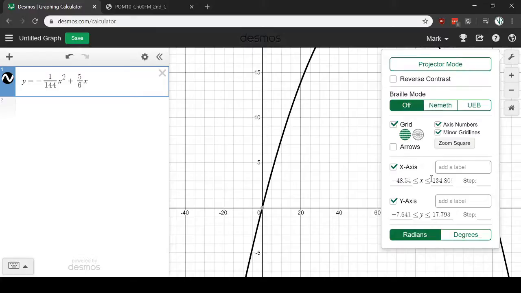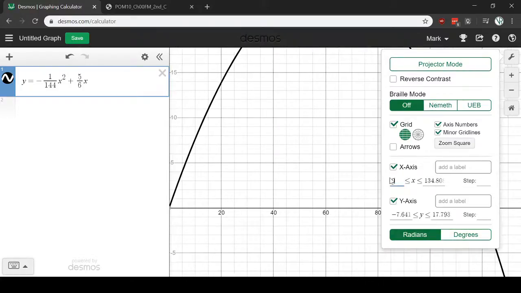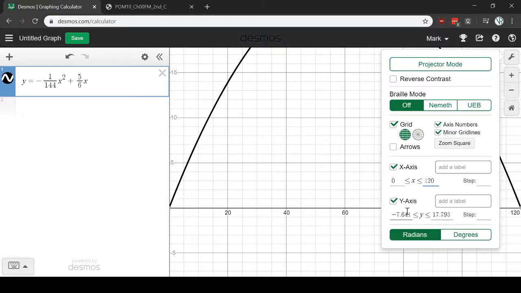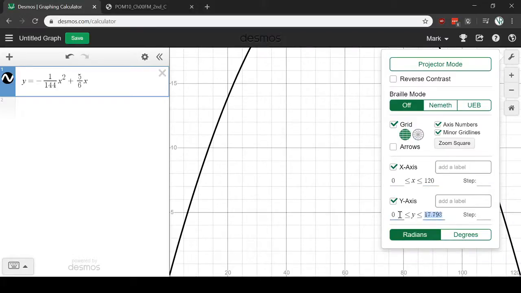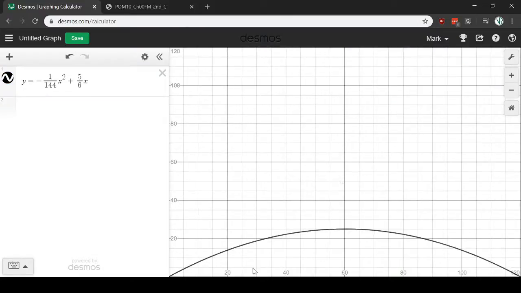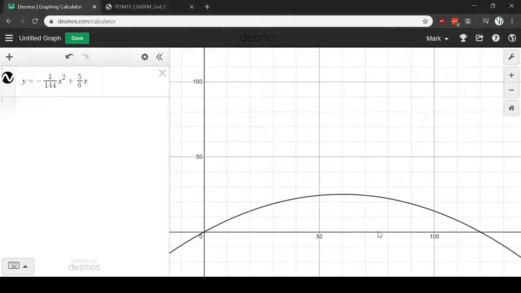So I will set that from about 0 to 120. And I'm going to use the same scale on the y-axis just to give it a square grid. If we have a square grid, each of these grid pixels is not really that square on my screen, so I'm going to zoom out a touch then.